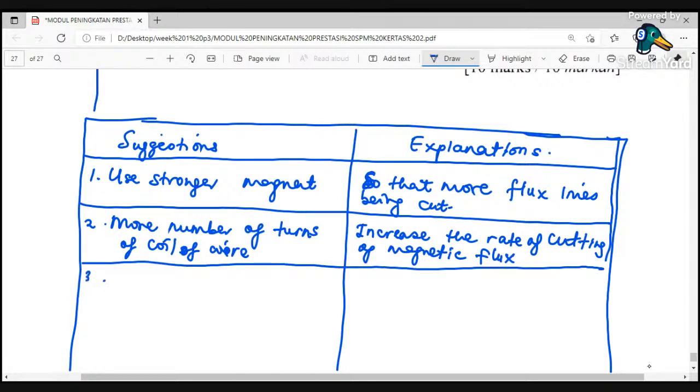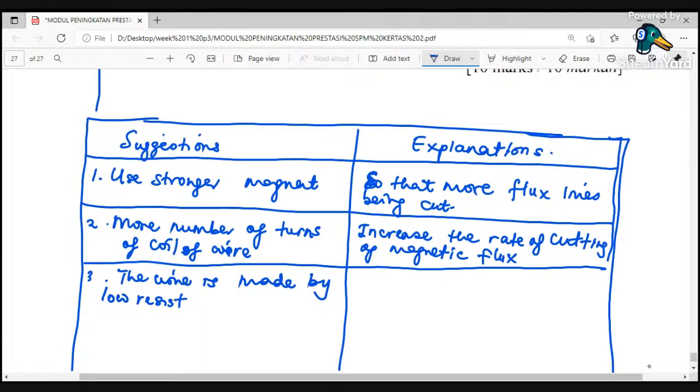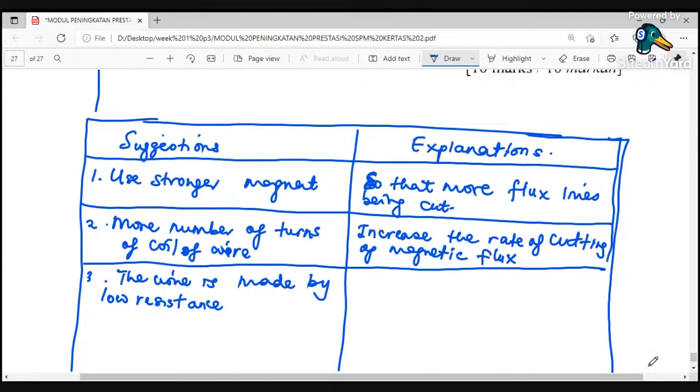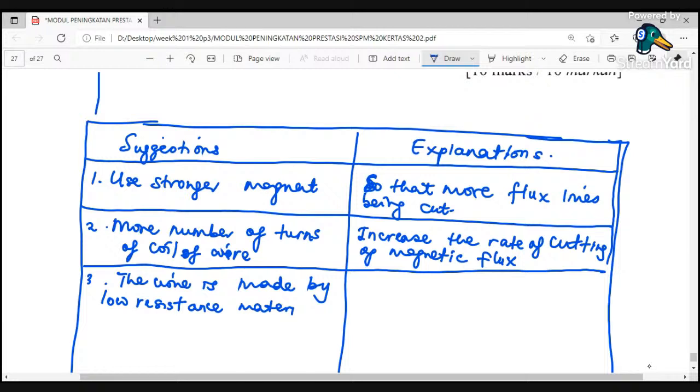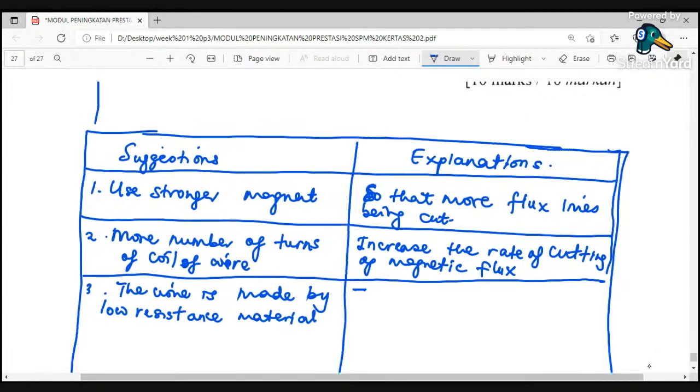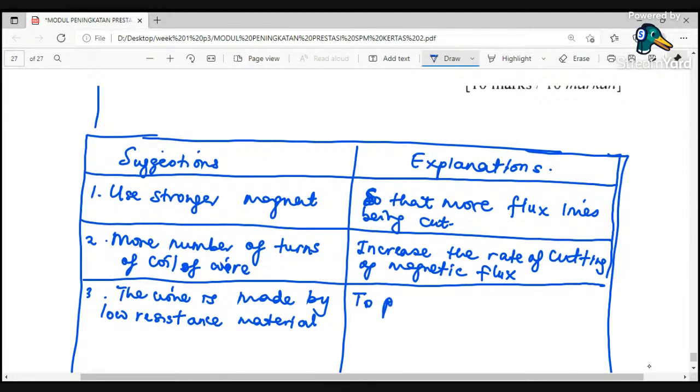Okay. The wire is made by low resistance material. Okay, to produce larger induced current.